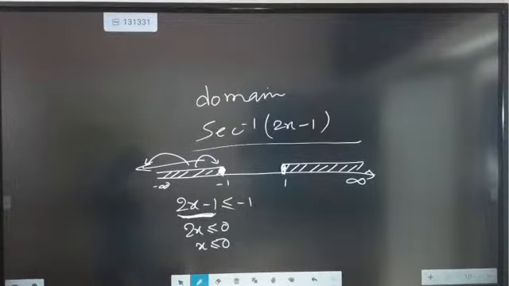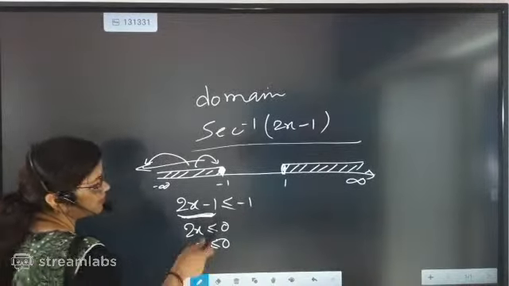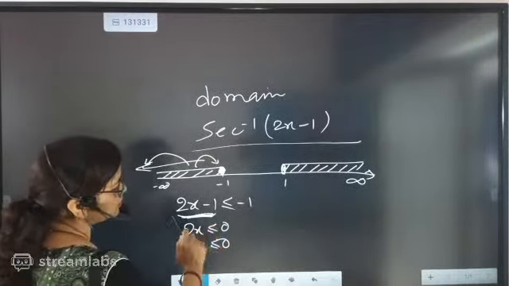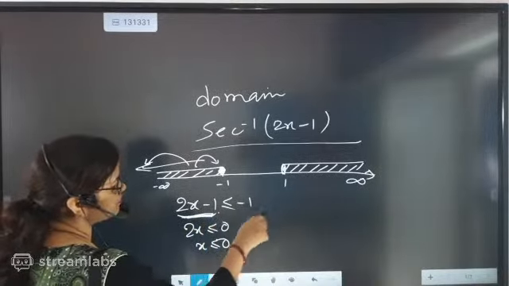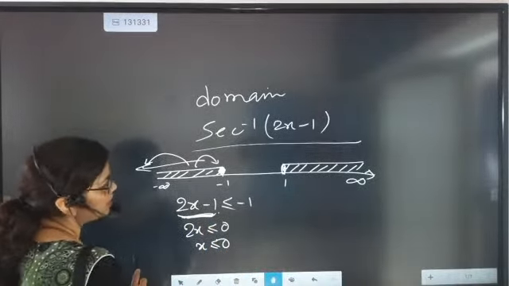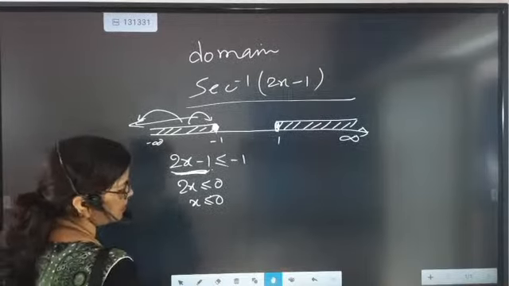Harish is telling -infinity to 0 and 1 to infinity. Everyone is going to some other field right now. Is it 2x plus 1 or 2x minus 1 in the question? 2x minus 1 is there. So if we add 1, one part gives x less than 0.